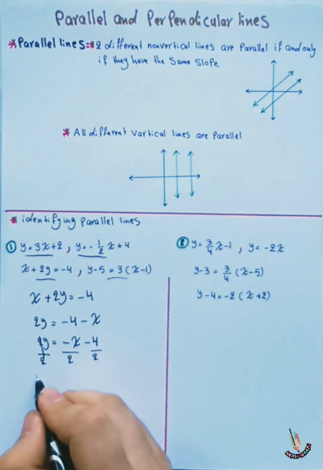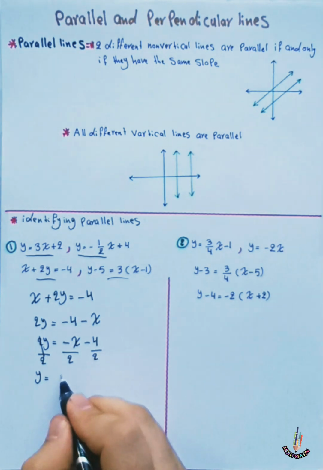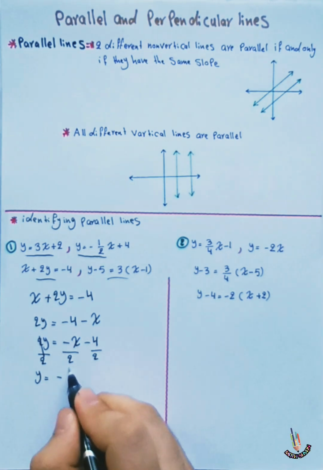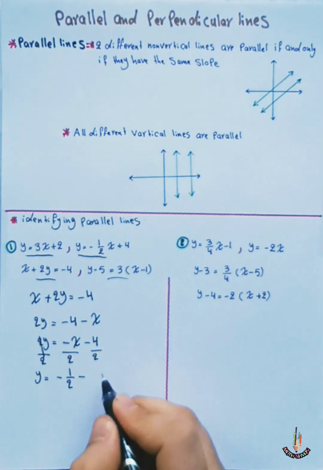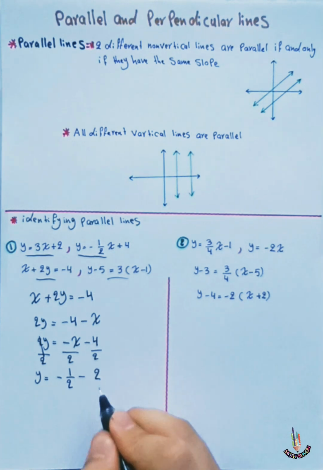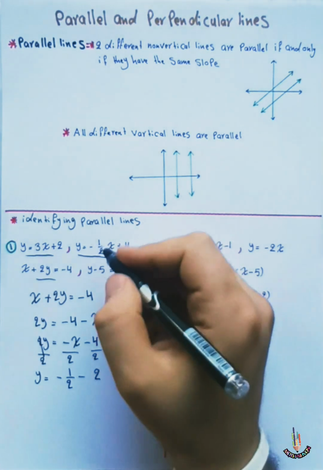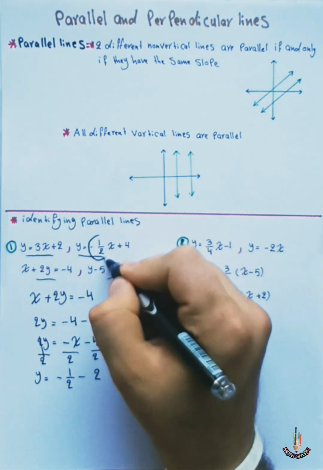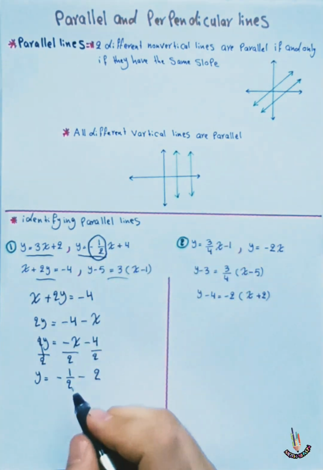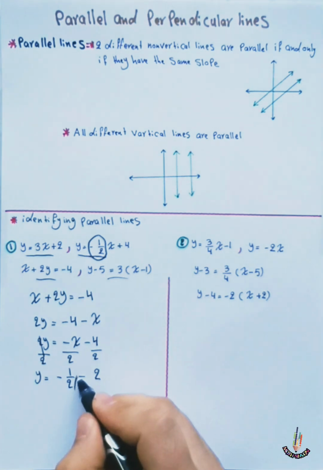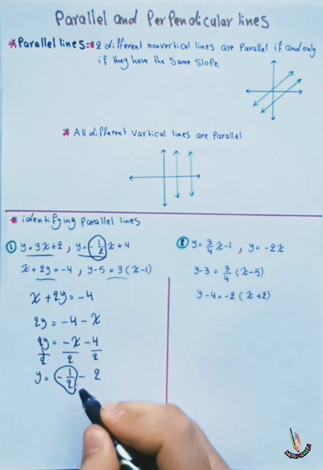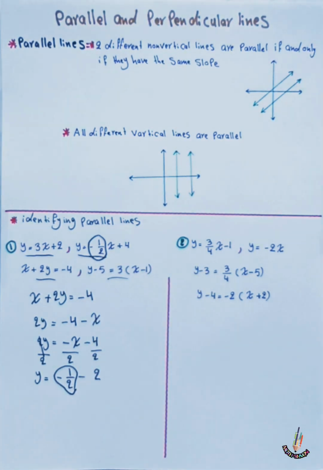These two 2s are reduced, so y equal to negative 1 out of 2 x minus 2. And then if we look at the lines, the slope for this line is negative 1 out of 2, and the slope for this line is negative 1 out of 2. So you can say these two lines are parallel.